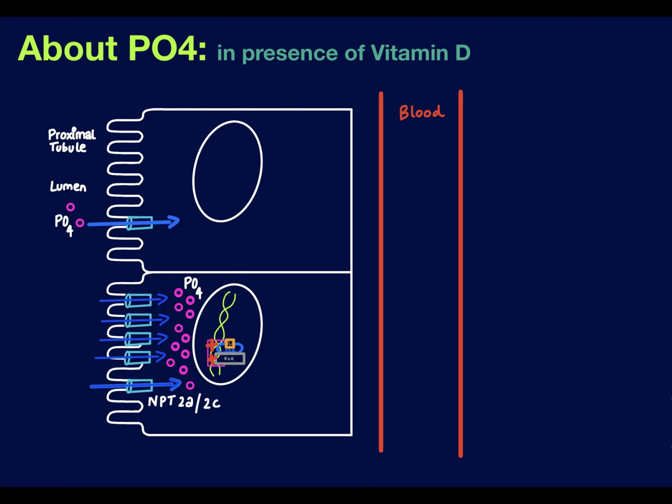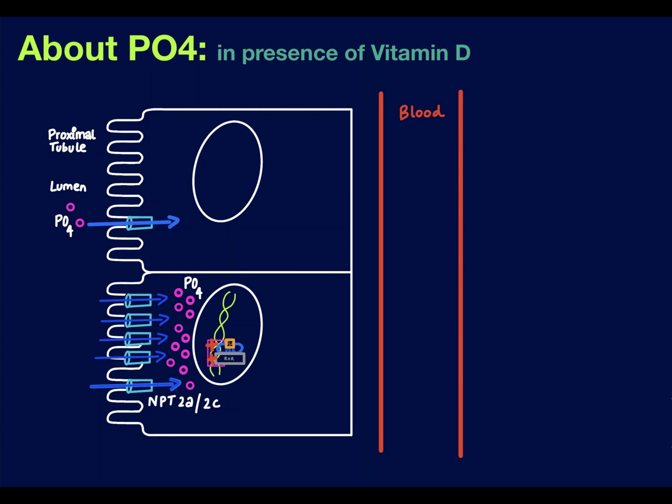And how is this possible? This is possible because VDRE are stimulated. As a result, there is increased transcription of genes responsible for the synthesis of NPT2A transporters. Consequently, there is increased translation.